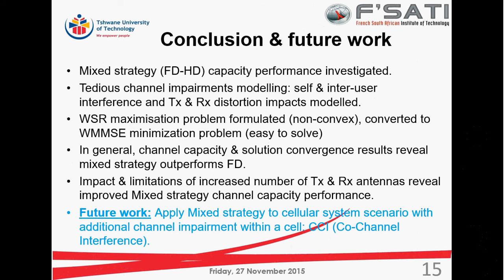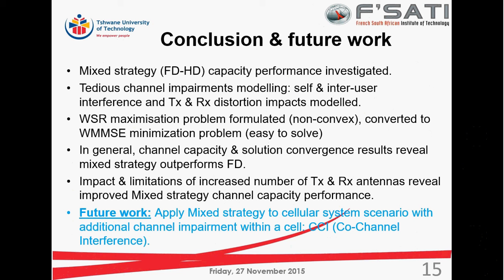In terms of conclusion and future work, we note that the mixed strategy, full duplex and half duplex capacity performance has been investigated throughout this work. Tedious channel impairment modeling in terms of inter-user interference as well as transmit and receive distortion impacts has been done. The weighted sum rate maximization problem has been formulated and found to be non-convex, therefore converted to a weighted minimum mean square error minimization problem, which is much easier to solve.